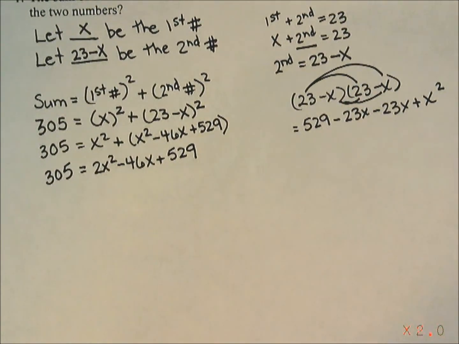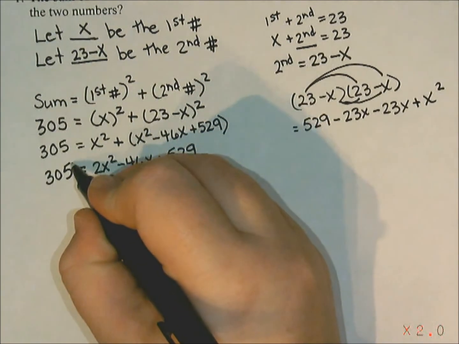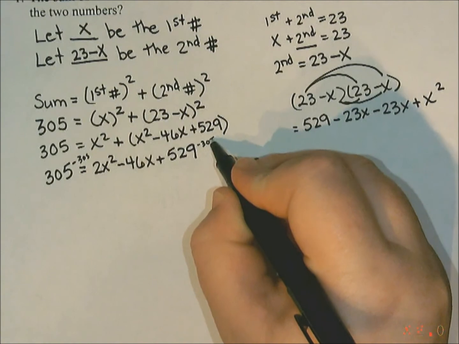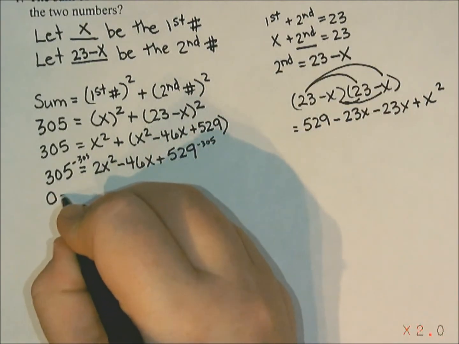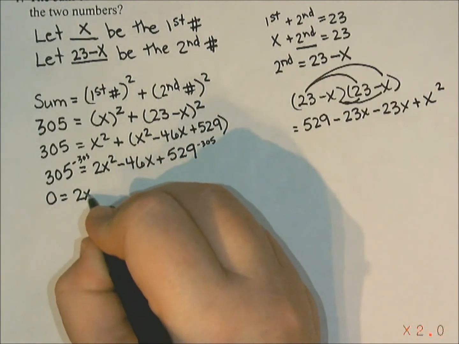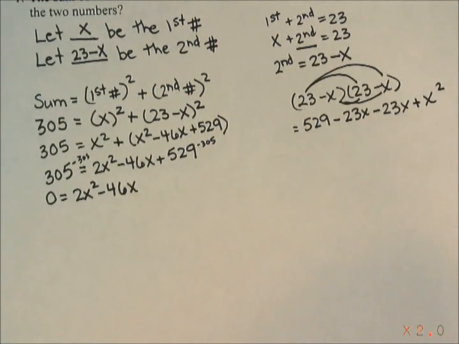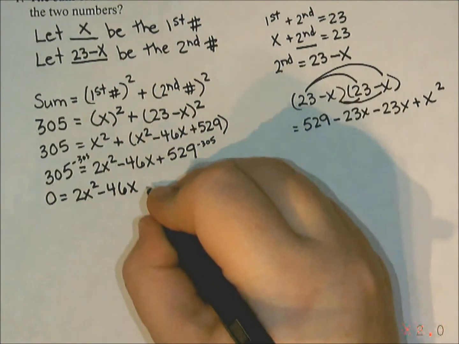So I'm going to take that 305 to the other side by subtracting 305. To get 0 on this side is 2x squared minus 46x, and then 529 minus 305 is 224.